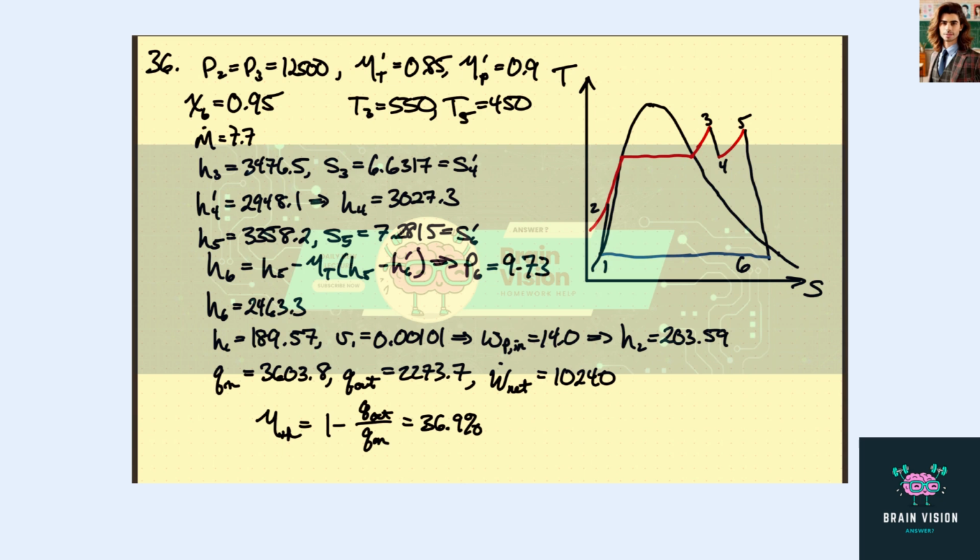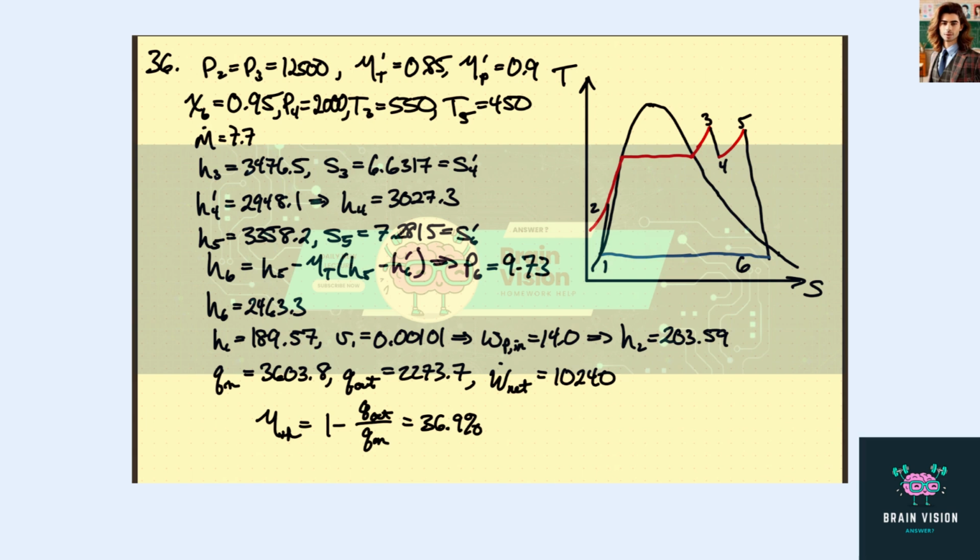Did I write down the pressure at 4? Maybe that was the thing that I missed. No, I think I forgot to write that down. So the pressure at 4 is, what did they say? 2 megapascals. All right, squeeze it in there.